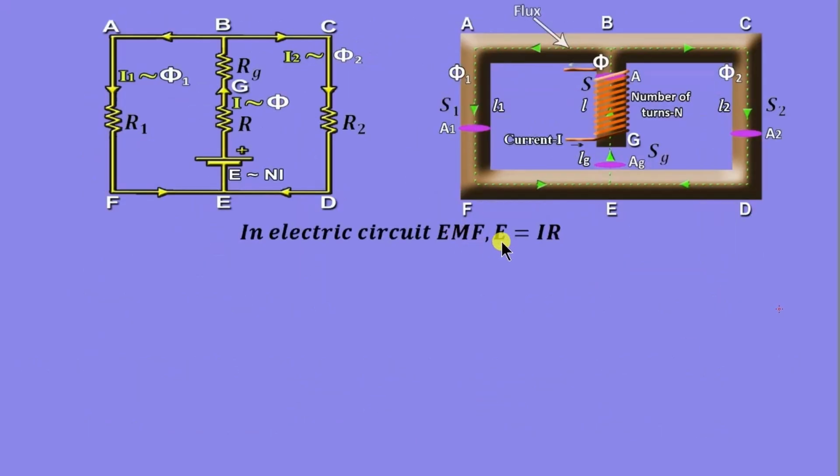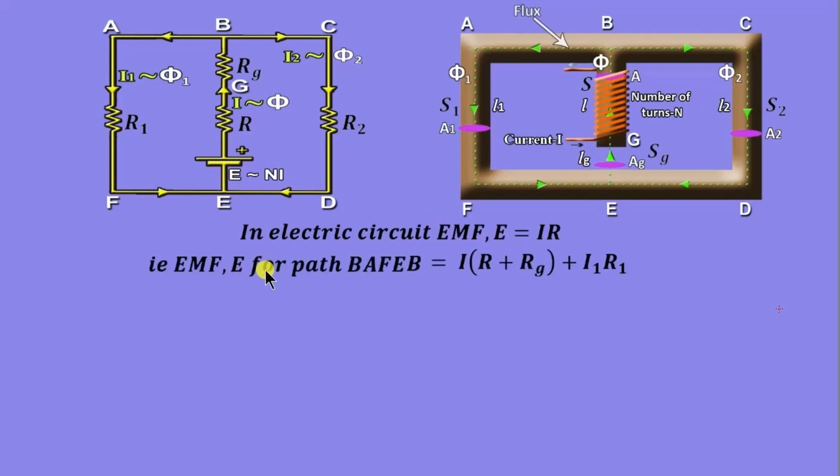In electric circuit, EMF E is equal to I into R. That is, EMF E for path BAFEB is the voltage drops in these two resistances plus the voltage drop in this resistance. Here the same current is flowing through these two resistances. So, I into R plus RG plus I1 into R1.